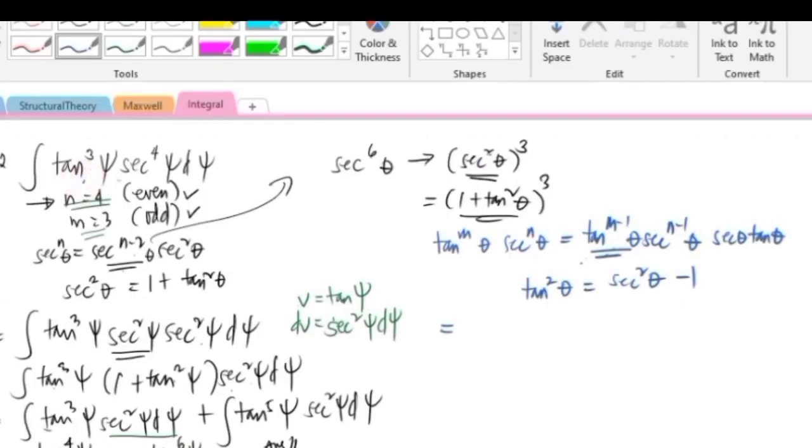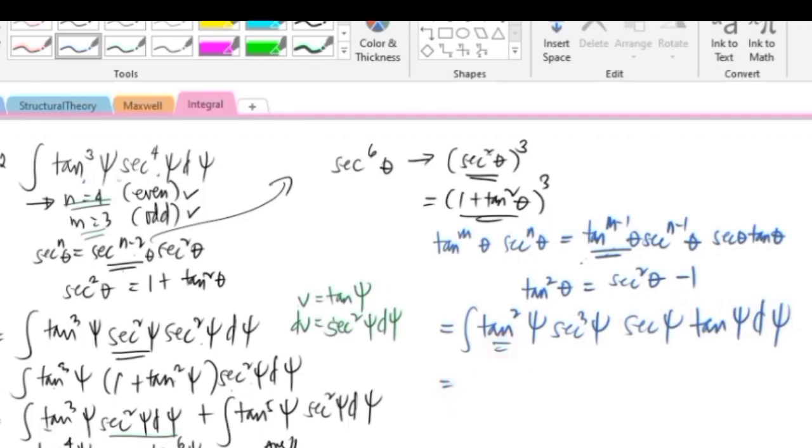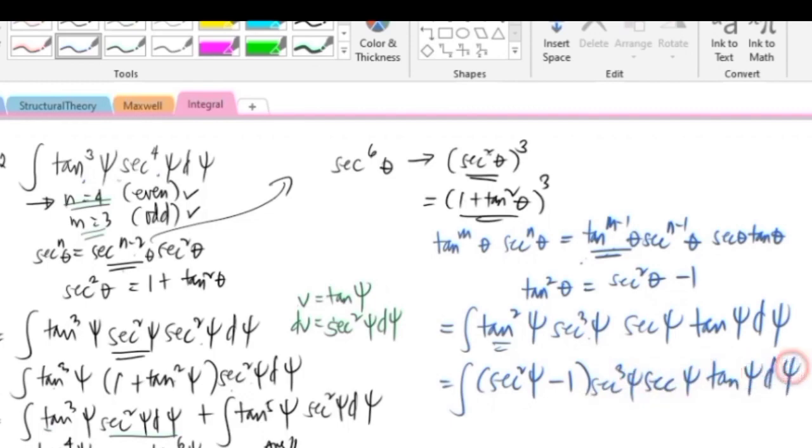Tangent cube ay babawasan natin ng isa. So, magiging tangent square psi, and si secant to the fourth minus 1 natin. So, that's secant cube psi, and yung in-extract natin, yung secant tangent psi d psi. Okay. So, express natin si tangent in terms of secant, and we have here secant square minus 1 multiplied by secant cube psi, secant psi, tangent psi d psi.